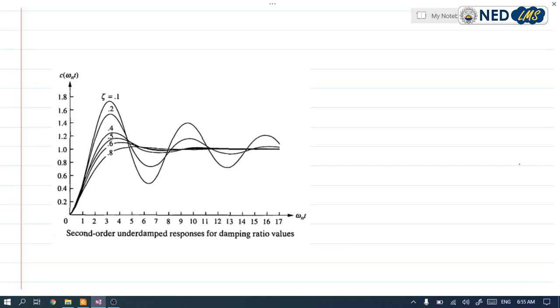Here it is clear that the higher the value of zeta, the lesser will be the oscillations, and the lower the value of zeta, the more will be the oscillations and overshoots.